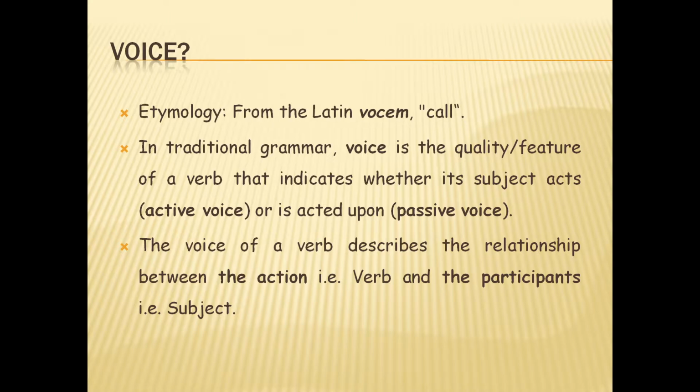So when the subject acts, the voice of the sentence is active, and when the subject is acted upon, its voice is passive. Or in other words, the voice of a verb describes the relationship between the action, that is the verb, and the participants, that is the subject of that sentence.